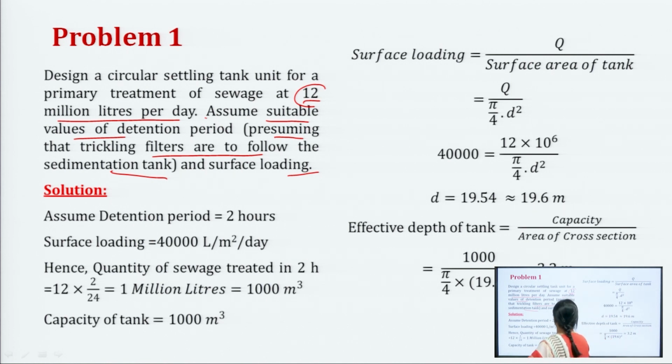Here, let us assume that the detention period is 2 hours, right. Then let us also assume that the surface loading is 40,000 liters per meter square per day. Why? Because if you remember, we have talked about plain sedimentation.